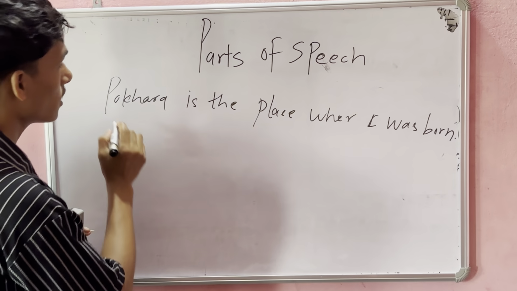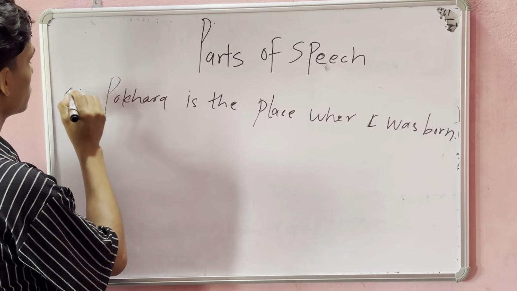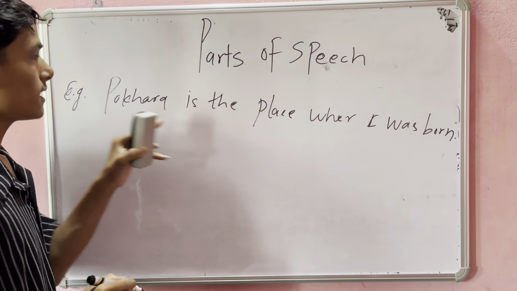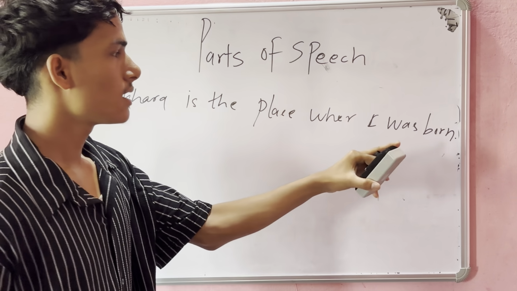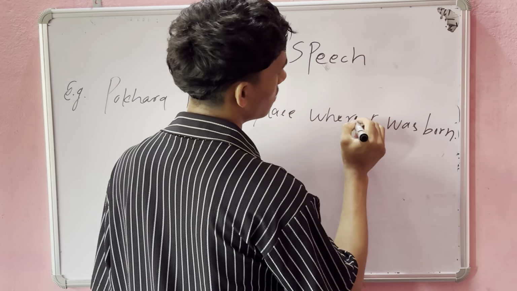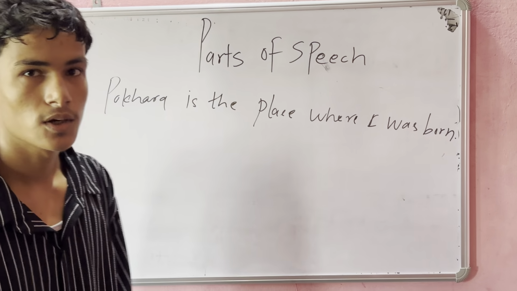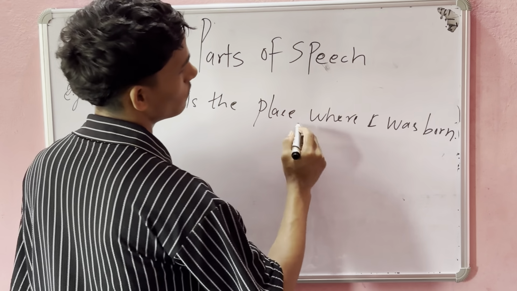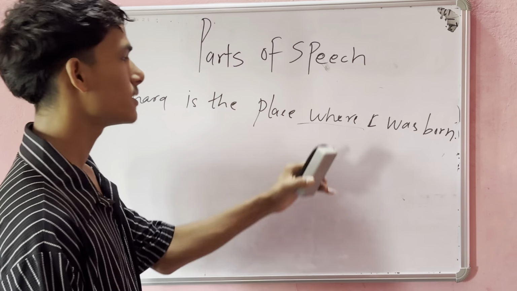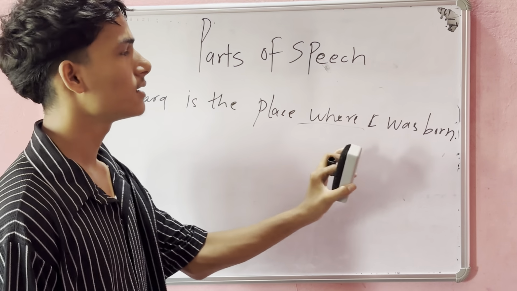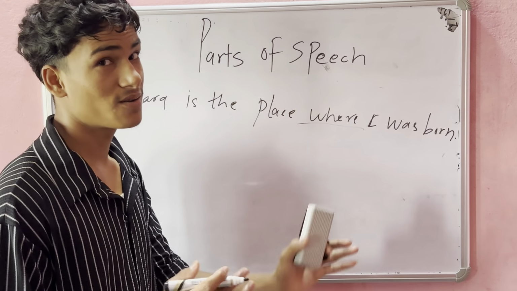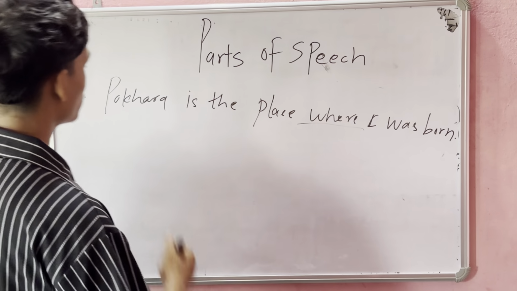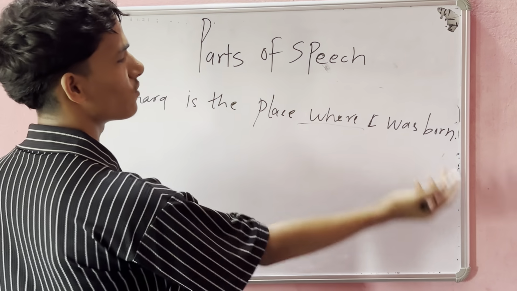Okay, so Pokhara is the place where I was born. So I use "where." "Where" is the conjunction to combine two sentences, or to combine a phrase and a clause. Okay, so Pokhara is the place where I was born.